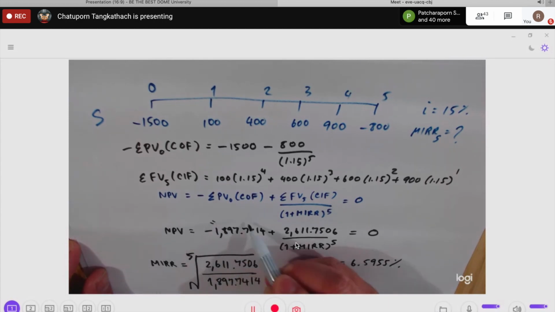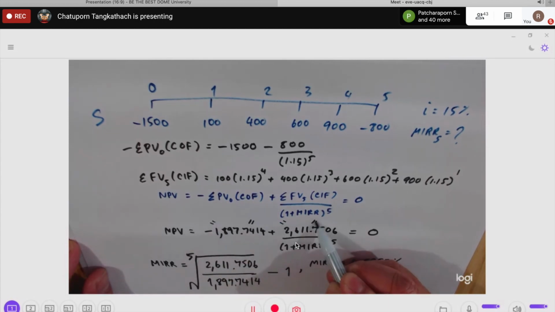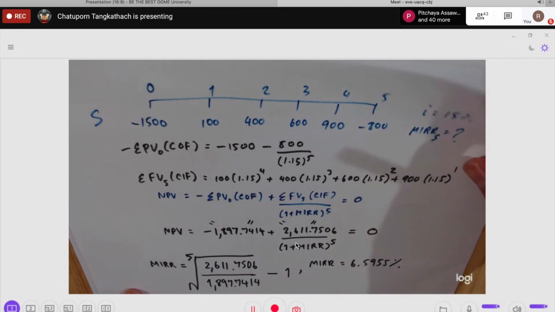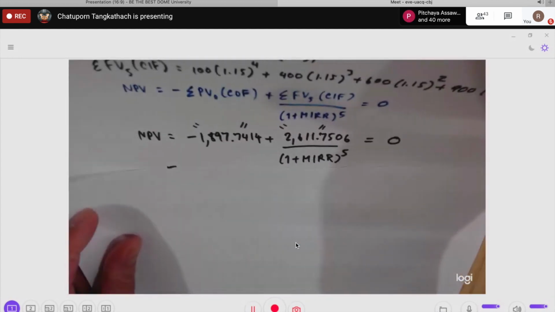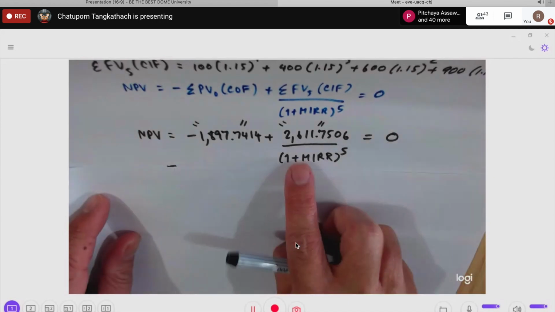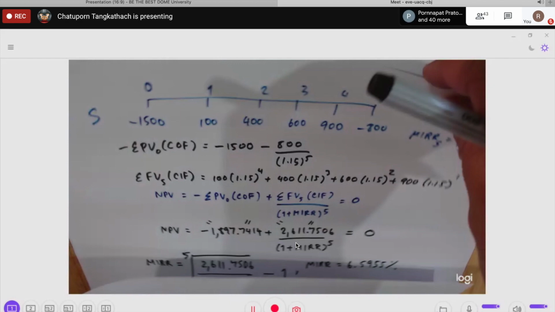So can you calculate 1,800 here and 2,600 here? Can you get these marks? Yes. Okay, so from these two, you may think about it like this. Let me rewrite one more step. Let me move it up. In fact, let me put it in this term.